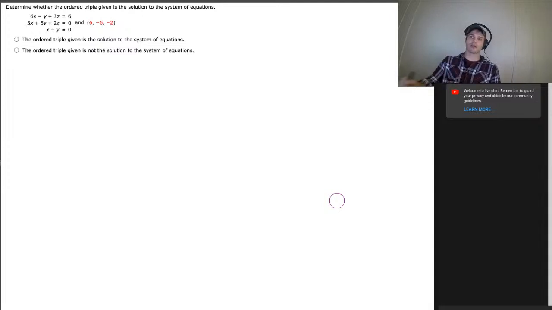So we have a system of equations here, and then we also have this ordered triple. An ordered triple is a point in 3D space, or I should say gives the coordinates, describes a point in 3D space.